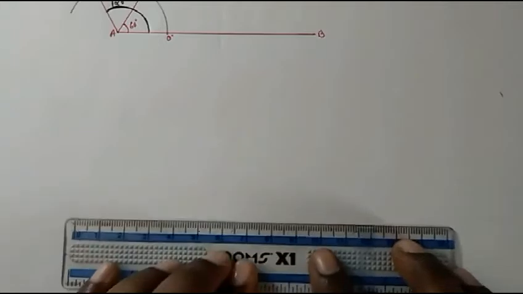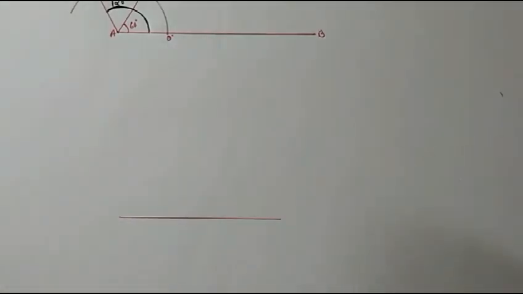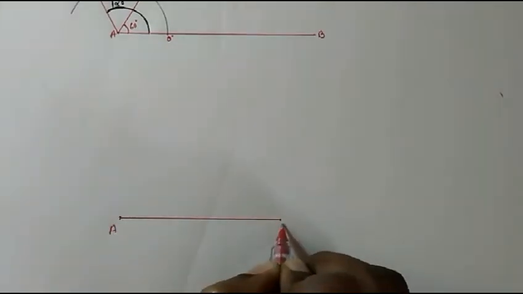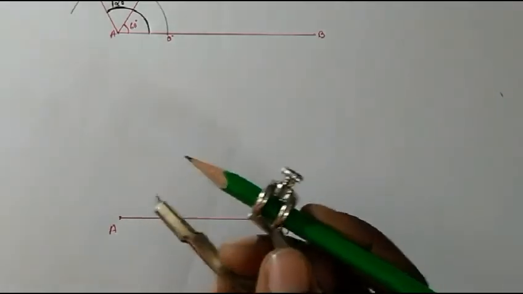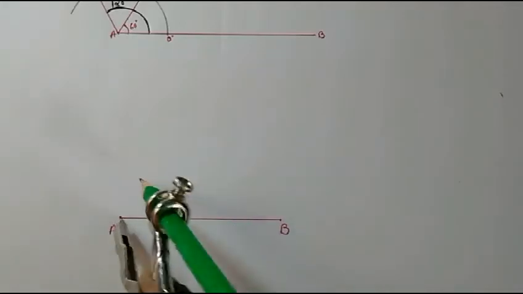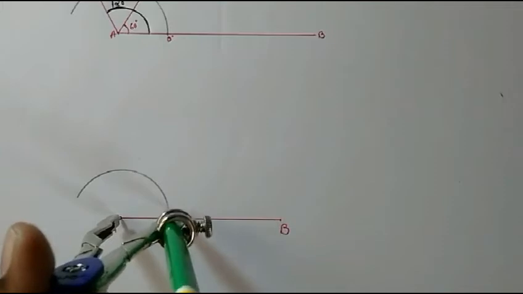So for 90, same way you can draw a line segment. Keep this point A, point B. Take your compass, any measure you open it. Keep your point on A. Draw a semicircle.